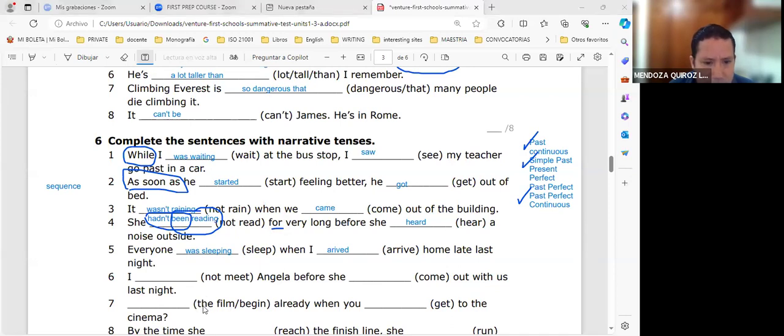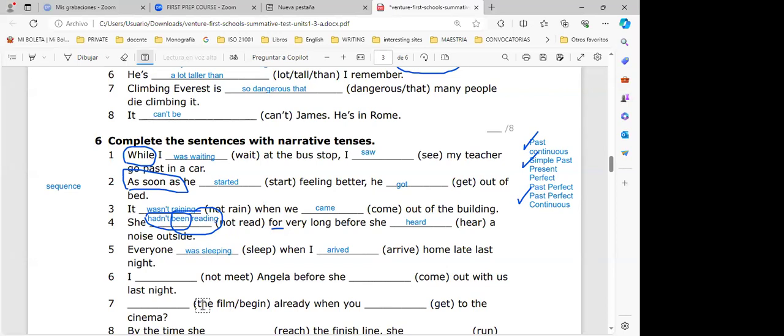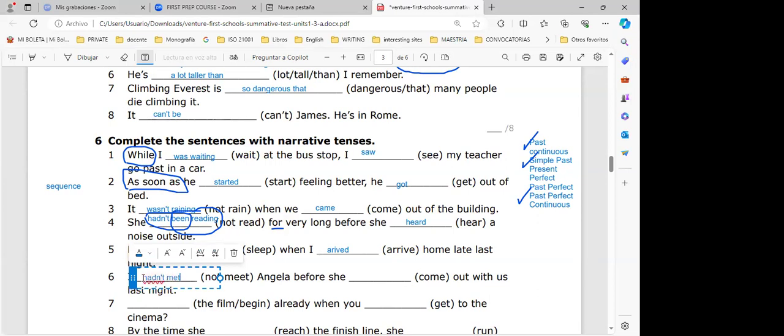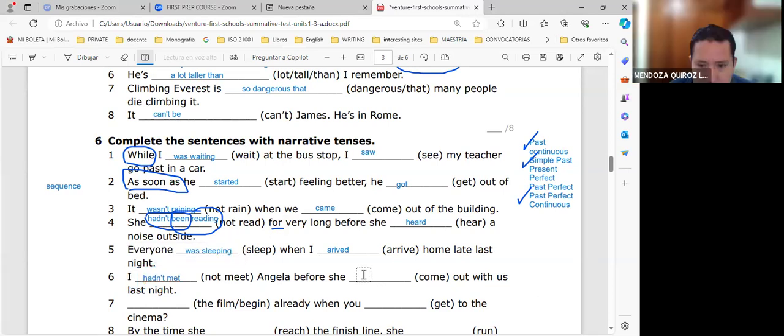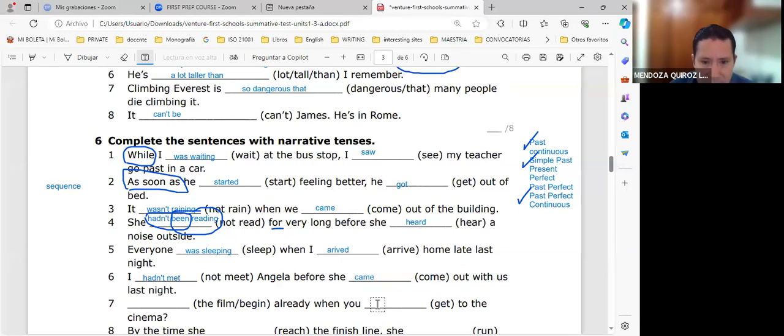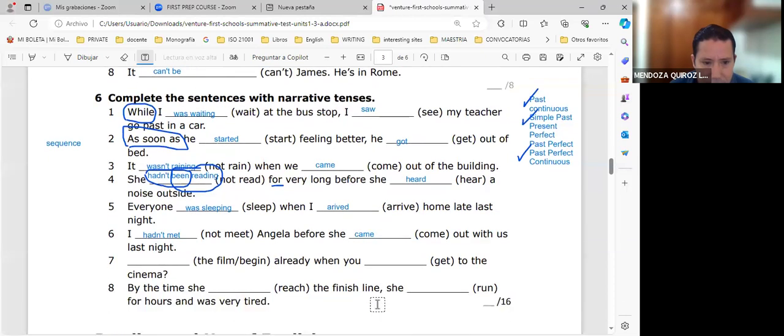Continue, Naomi. I hadn't met Angela before she came out with us. Before she came out with us last night. Excellent.